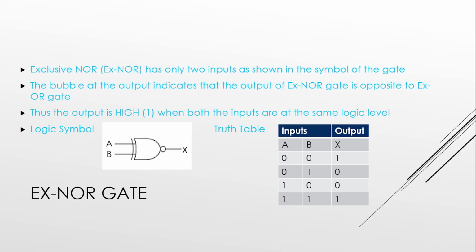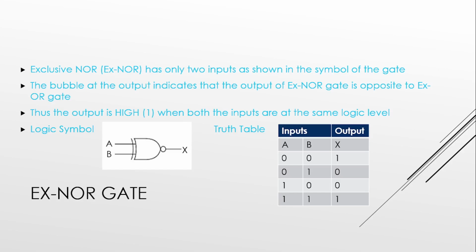In the truth table, when A and B are at the same logic level, that means both are 0 or both are 1, the output is 1. And if A and B are at opposite logic levels, that is 0 1 or 1 0, it is 0.